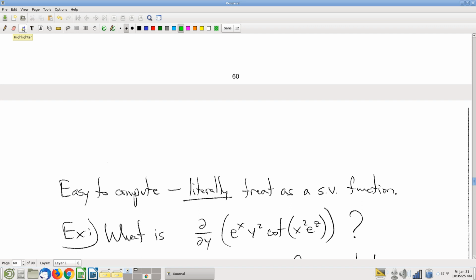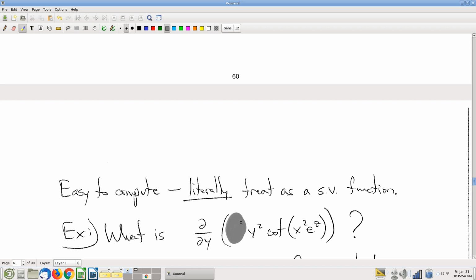Don't forget our process. Our process is, if I want to take a partial derivative with respect to y, the first step in the process is to recognize that we're holding all the other variables constant. Okay, so when I'm taking this y partial, I have to, or get to, just feel like x and z are constants. I get to treat them like constants because they are constants. So x is a constant for the purposes of this calculation.